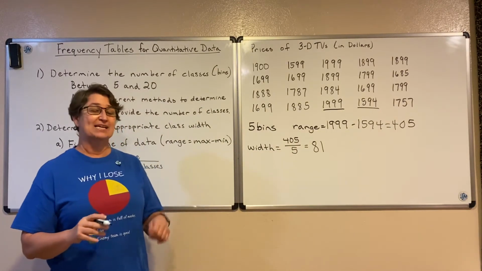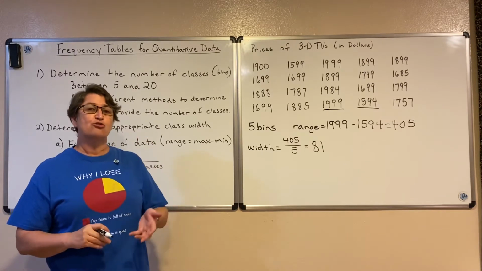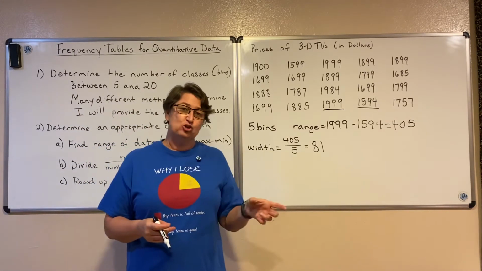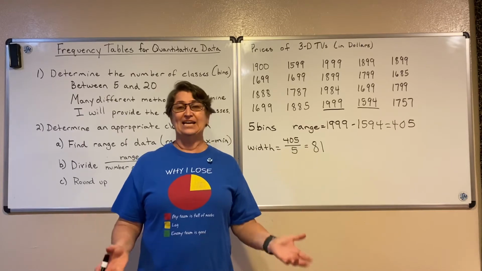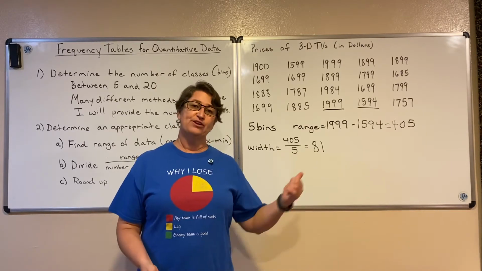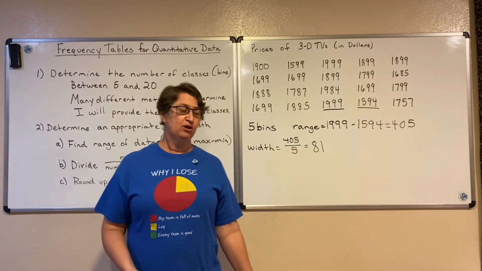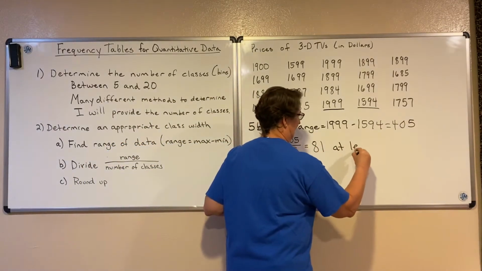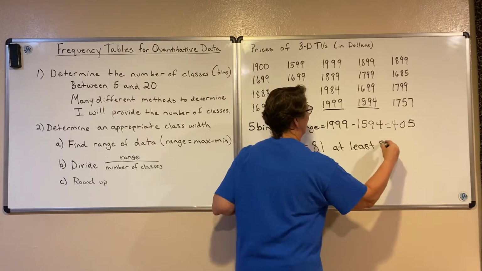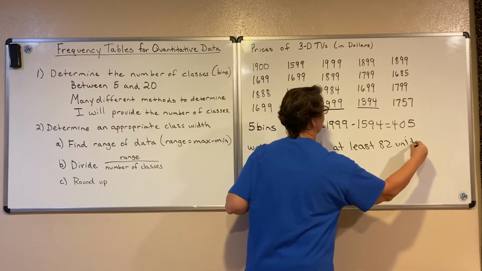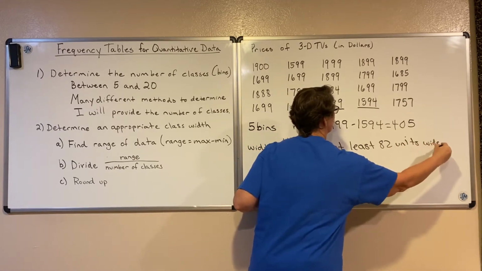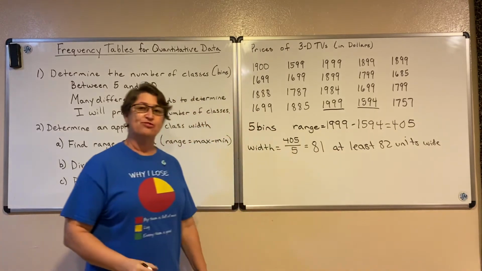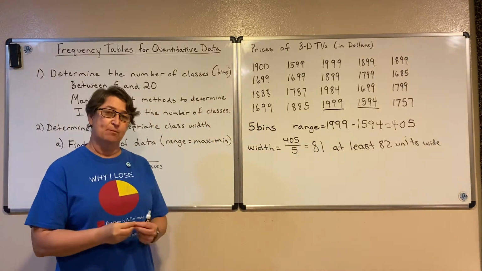Oh, but wait a minute, I said we need to round it up. So they need to be at least 82 units wide in order for me to fit all the data values into them. So finding the width just shows me that minimum number.